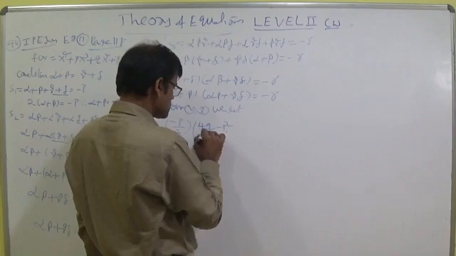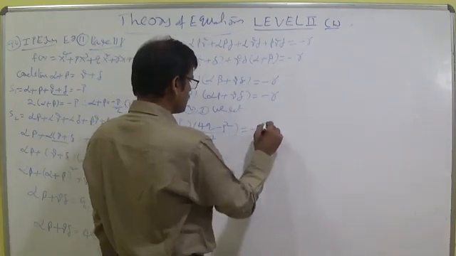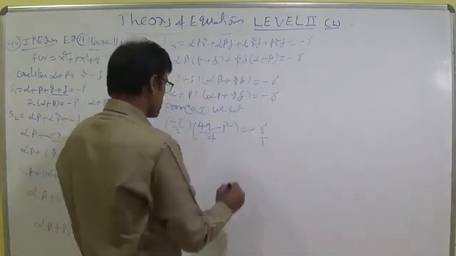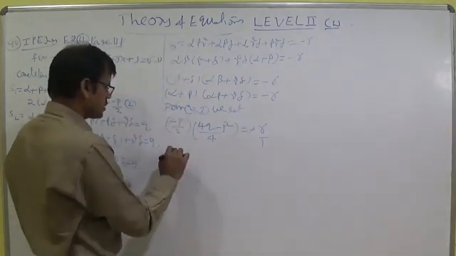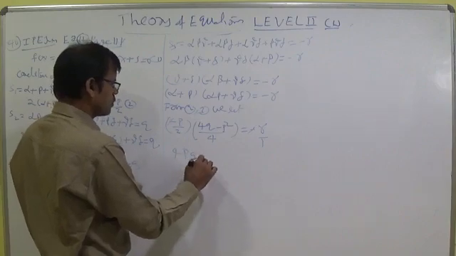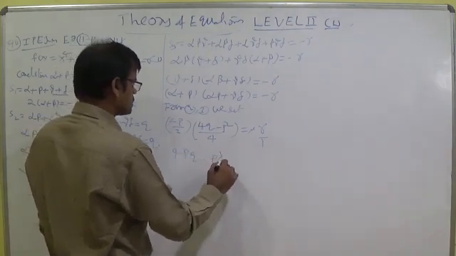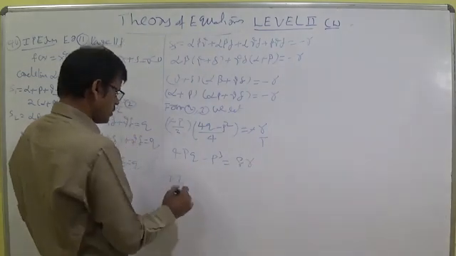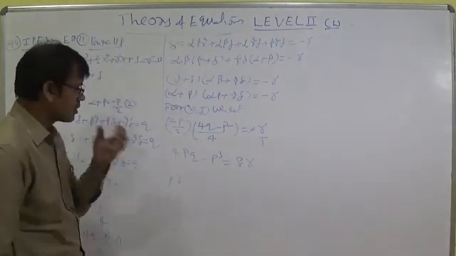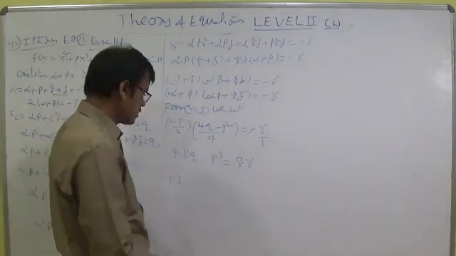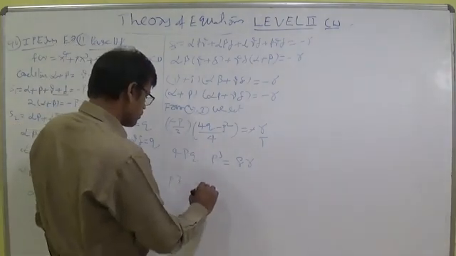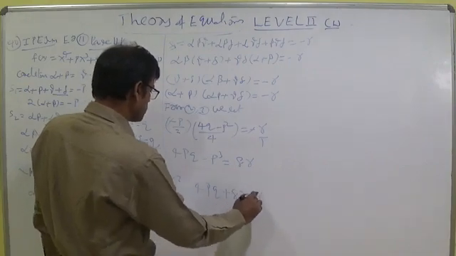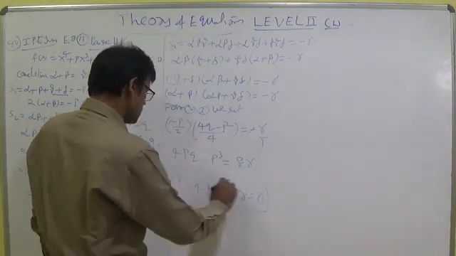So minus P by 2 into 4Q minus P square by 4 is equal to minus R. Both sides minus get cancelled and you can write here 4PQ minus P cube is equal to 8R. This P cube taken that side, it becomes P cube minus 4PQ plus 8R is equal to 0. This is the IPE sum.